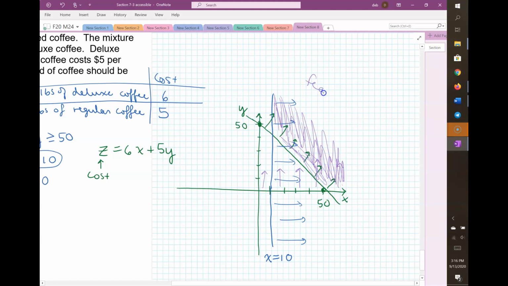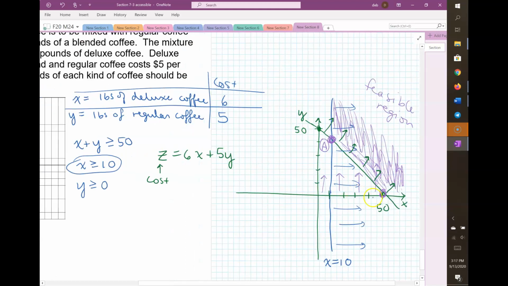So this feasible region only has 2 corner points. So I'm going to label them A and B. And to find A, you actually need to use some algebra because this is where x is 10 and x plus y is 50. So you need to plug in 10 for the x to see that at that point y is 40.